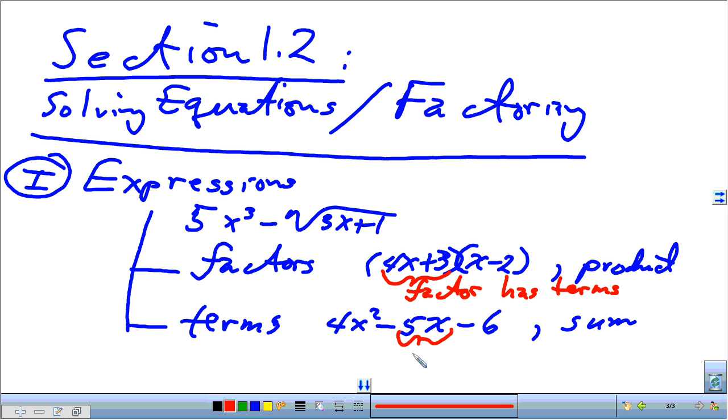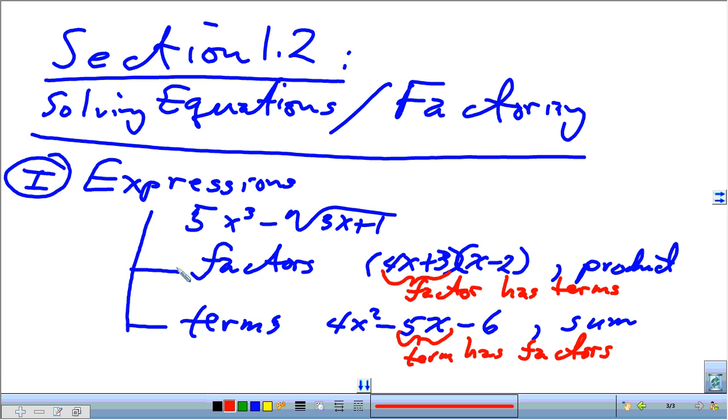Within those terms, it's possible that a term might have its own factors, but they're not factors of the entire expression. So 5 is a factor of 5x, but not of the entire expression. So we see this as terms. Up here we have 4x is a term of one of the factors, but not of the entire expression.